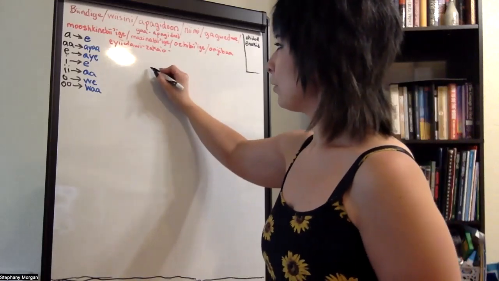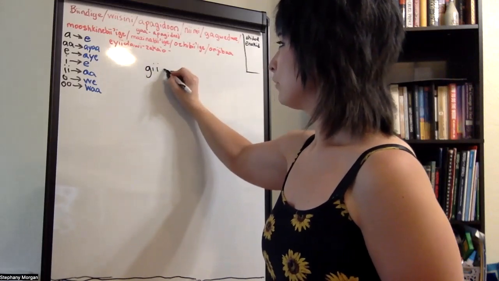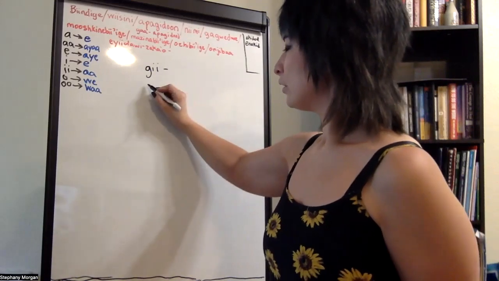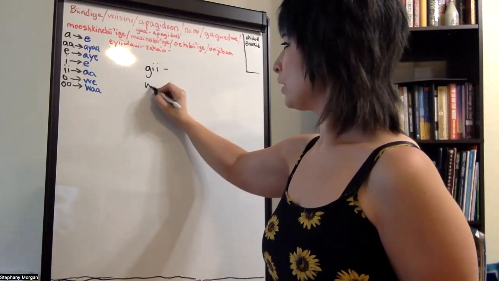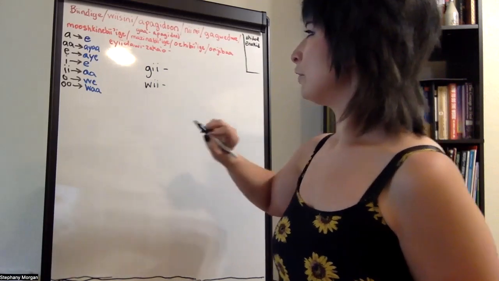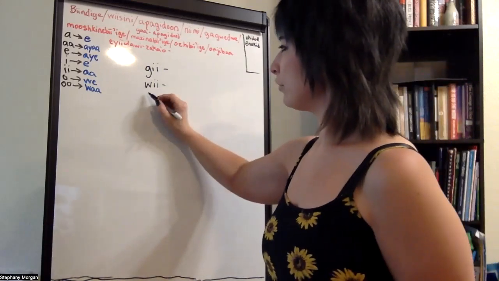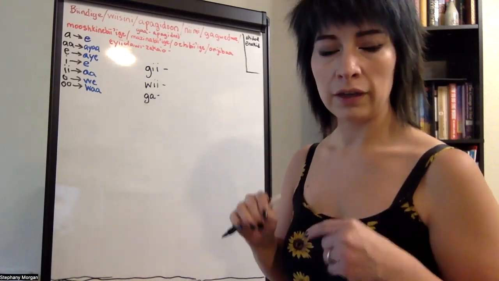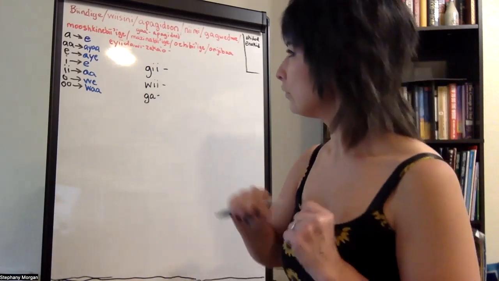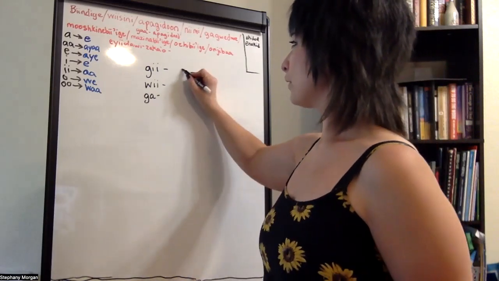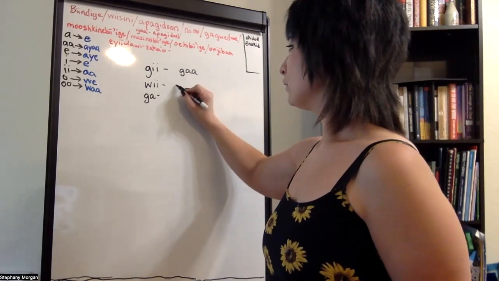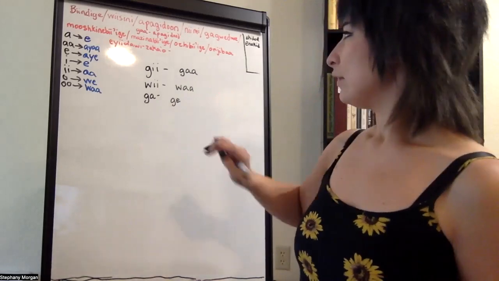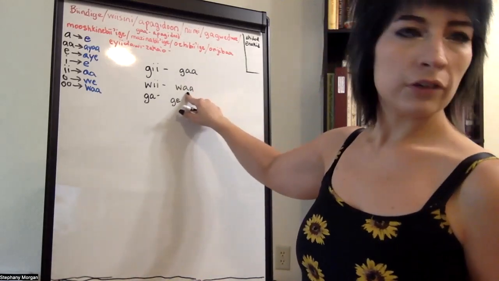That's why when we have gi for past tense, and we have future desirative, and we have ga future definitive, like inga, I will definitely do it, we end up with ga, wa, and ge. These happen in B and C form.